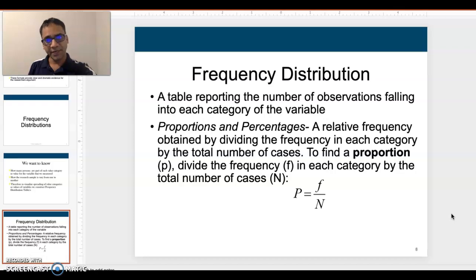The proportion and percentages: here the relative frequency is obtained by dividing the frequency in each category by the total number of cases. So to find a proportion, we divide the frequency in each category by the total number of cases. You can do it by calculator or on your paper.